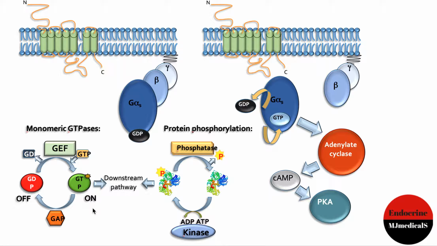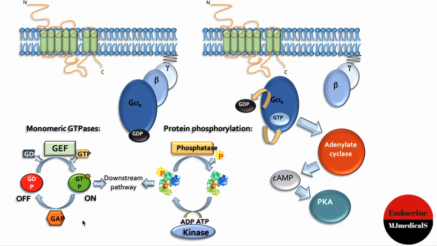Right, now one other thing is, once it's turned on and you want to turn it off, the enzyme phosphatase is what removes the phosphate group. So this part here corresponds to this area here, and that phosphatase enzyme is activated by a molecule known as GAP, guanine activating protein.